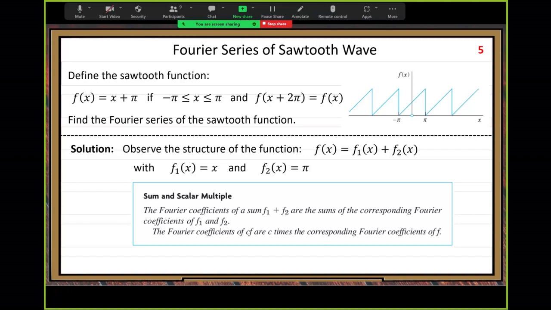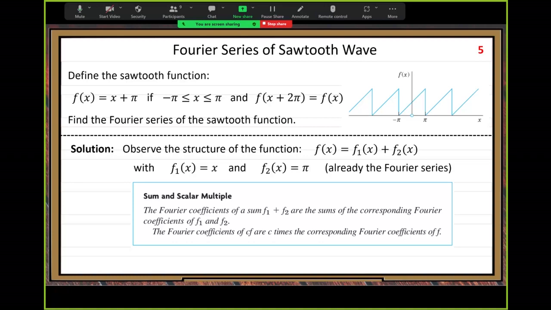Although this is a simple, natural property, for this example it's useful, and it makes our calculation simpler.